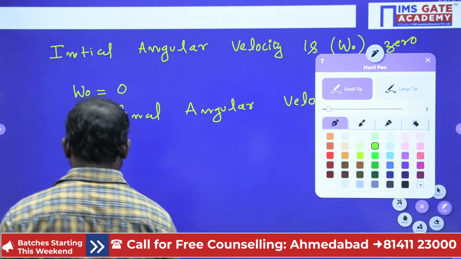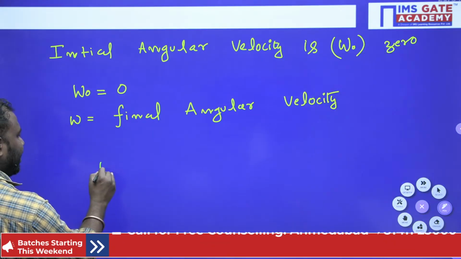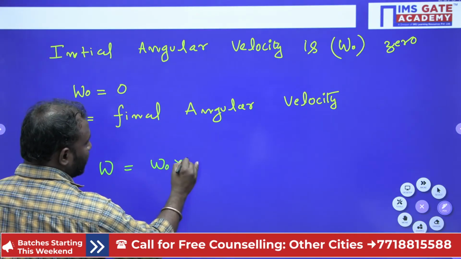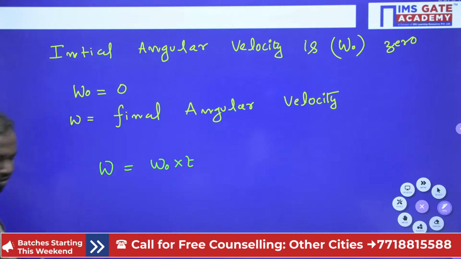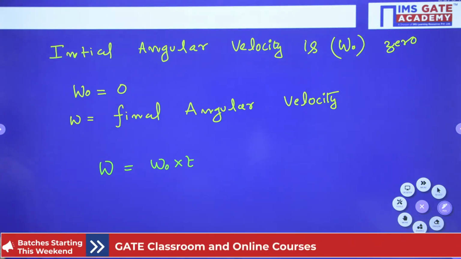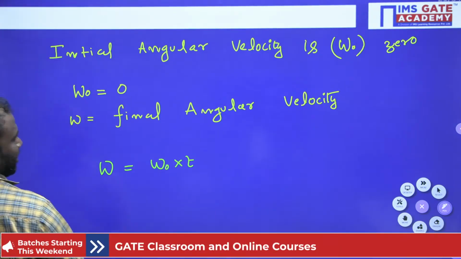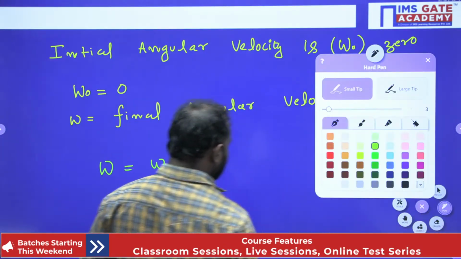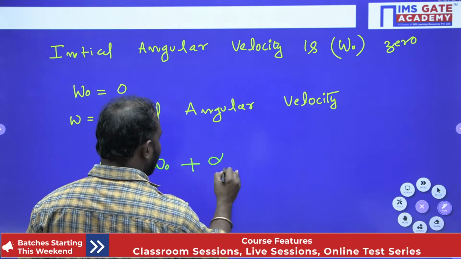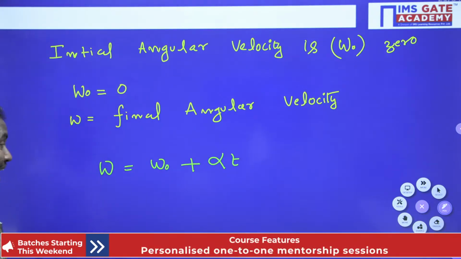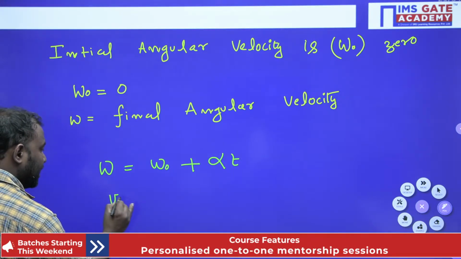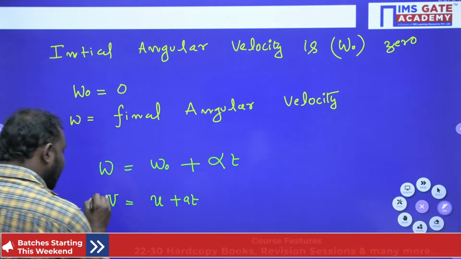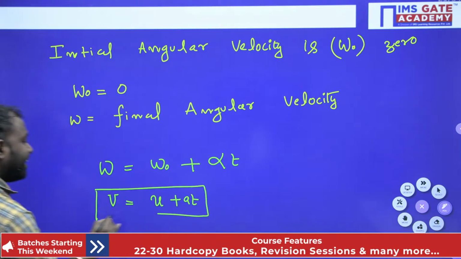Final velocity is equal to initial velocity plus alpha into t. One minute, guys, I just corrected this. Like the basic equation V is equal to U plus AT for linear.